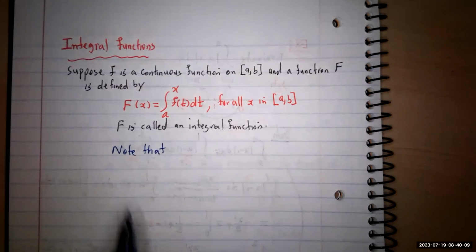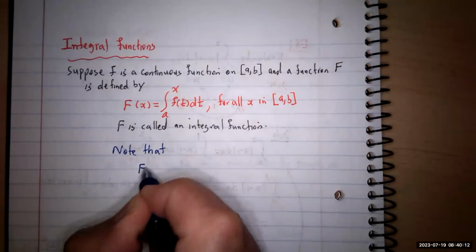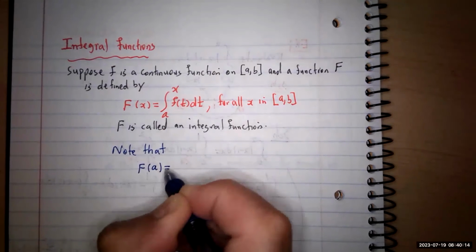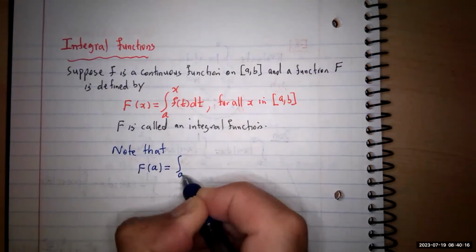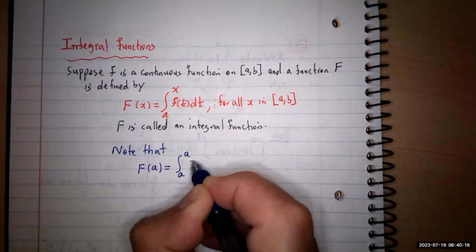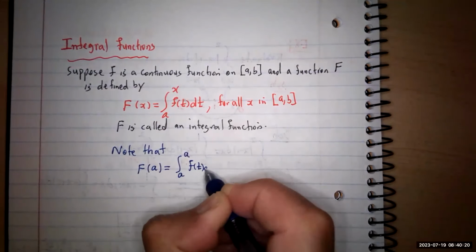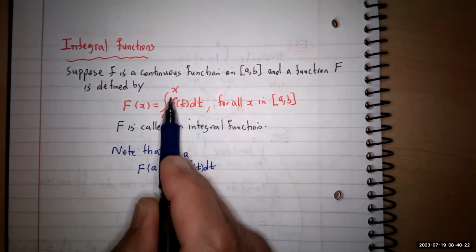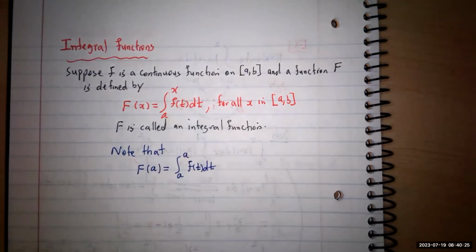If you want to find the function at a, that would be the integral from a to a, f of t dt. I'll just use the t here because I already have the x here. It doesn't matter really.